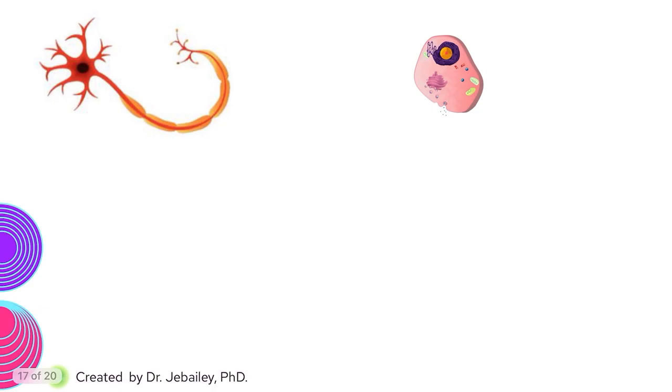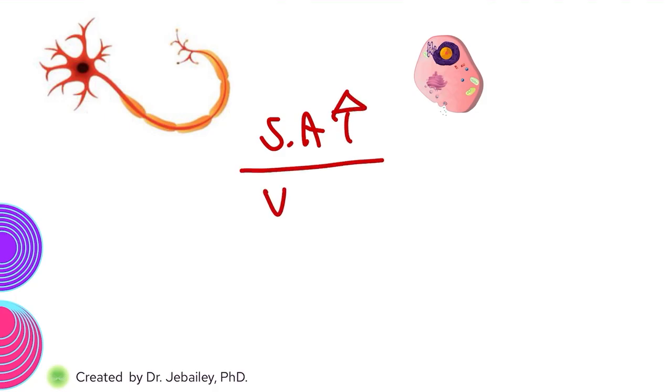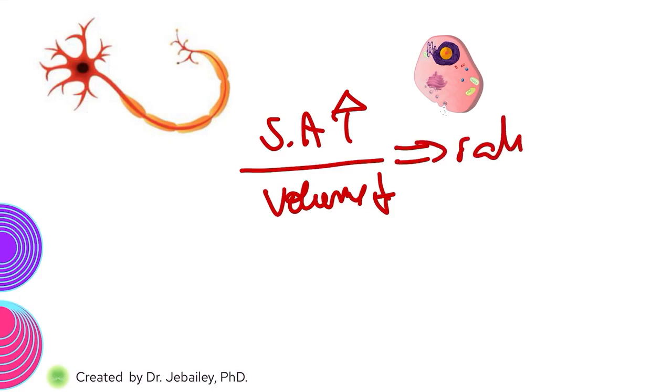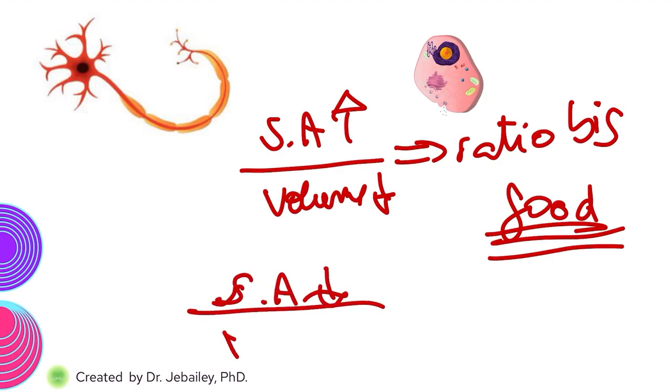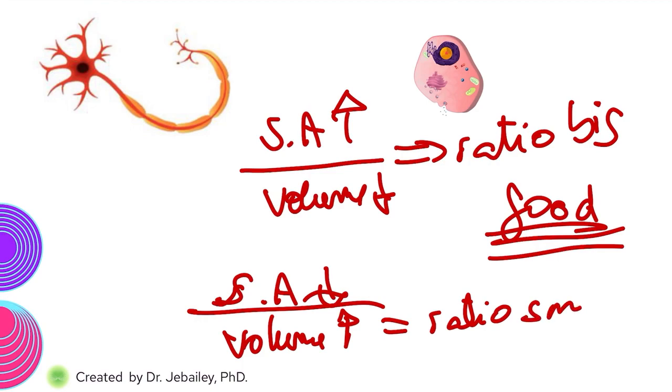So, just to wrap it up, again, the surface area needs to be big, while the volume should be small. And when this happens, the ratio will be big, and that's good. That's really good for the cells. However, if the surface area is small and the volume is big, the ratio is small.